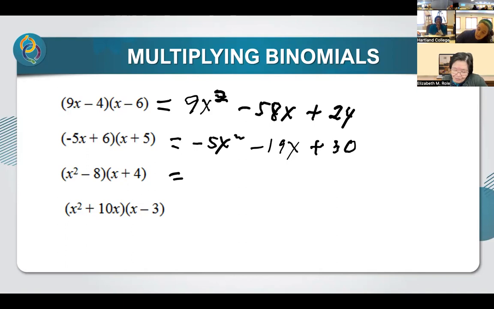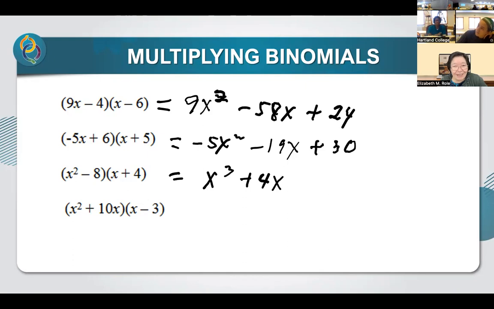x cubed, yes. Plus 4x squared. Negative 8x. Minus 30. In this situation, they are all different. But one nice thing with this is you are already having your answer in its standard form.